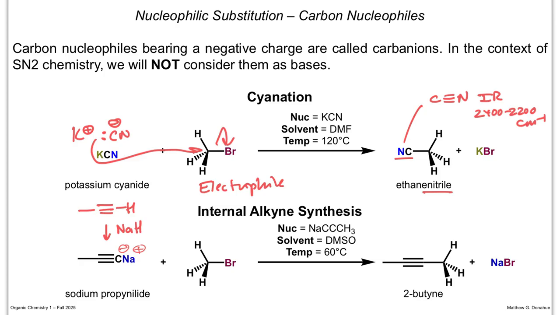And mechanistically with the arrow pushing, it's the same. The lone pair attacks the carbon bearing the leaving group. And so the bromine has been substituted for all of that stuff.